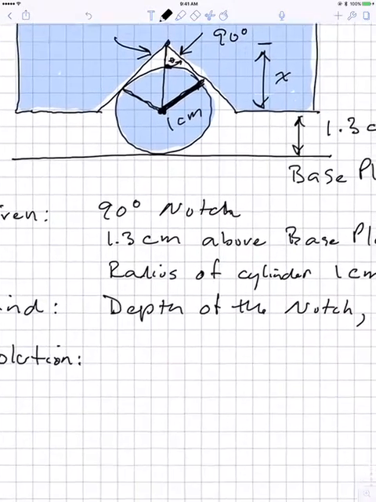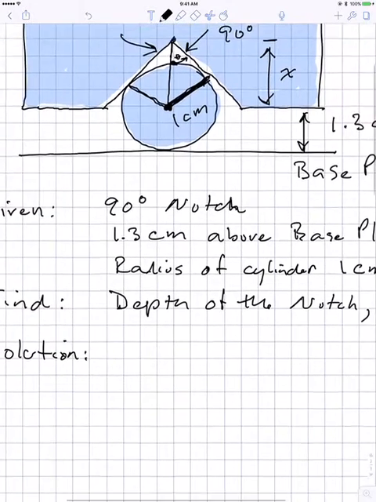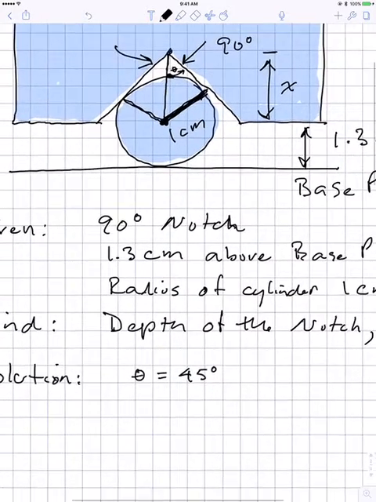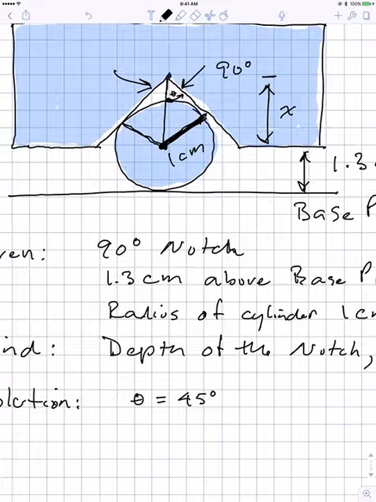I think we can tell that theta is 45 degrees. Because this sits perpendicular to the surface, we can draw a line perpendicular to the surface. This makes a 90-degree angle.